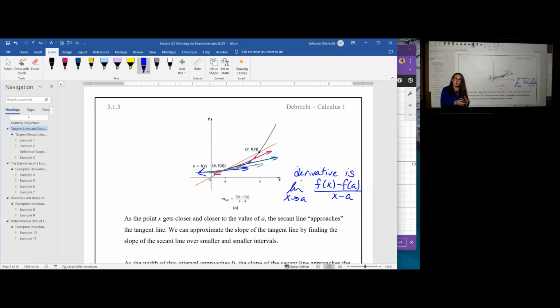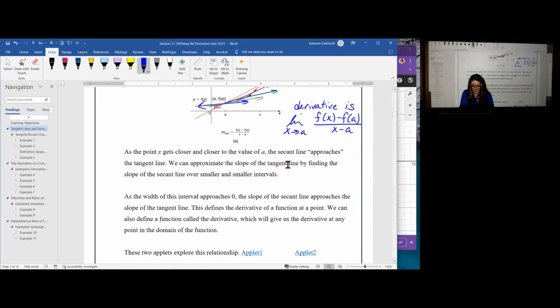So we don't have to worry about division by 0. As the width of the interval goes towards 0, then the slope of the secant line approximates the slope of the tangent line. You can explore this relationship with the two applets below. Let me open them for you now.